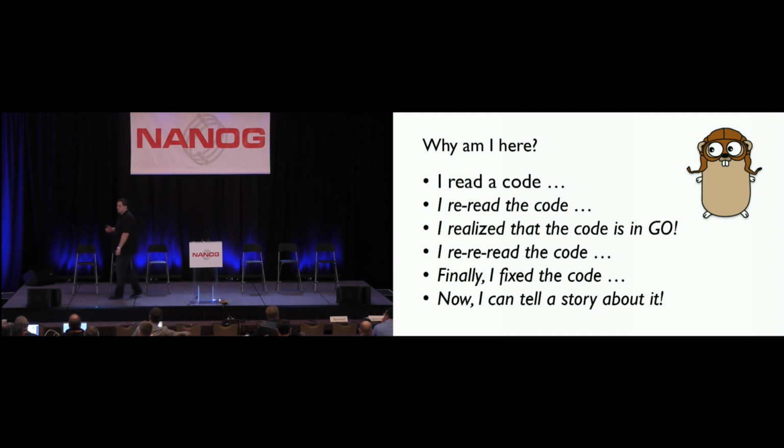Docker was my first container runtime. Through my exploration, I figured out that most of the code is written in Go, so I needed to understand it really well. I read it, didn't understand it. Read it twice, three times, four times. By the time I had read it many times, I was able to put something together, and then I finally started to write code. Today's talk is about container networking.